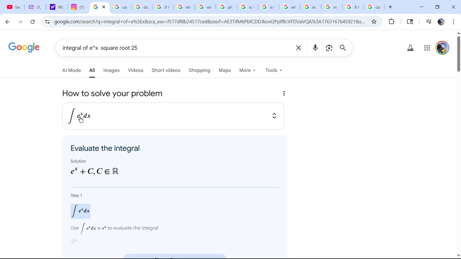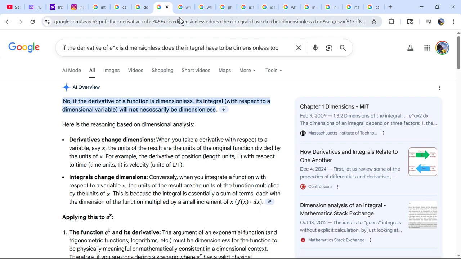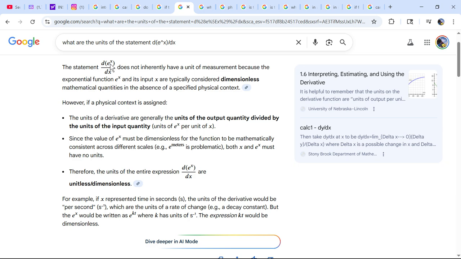Like, those two functions should have drastically different units. Because let's say I do have e to the x, and what does the derivative say? The derivative of e to the x with respect to x is: I'm going to change whatever value this is, and whatever dimension it has, and then divide it by the change in the variable that I'm changing.